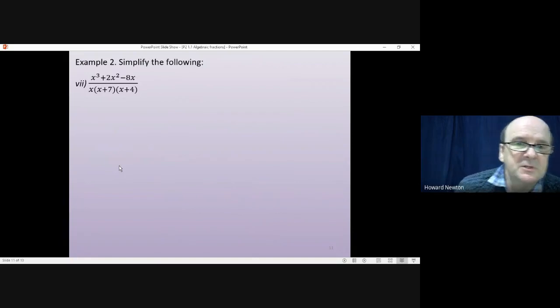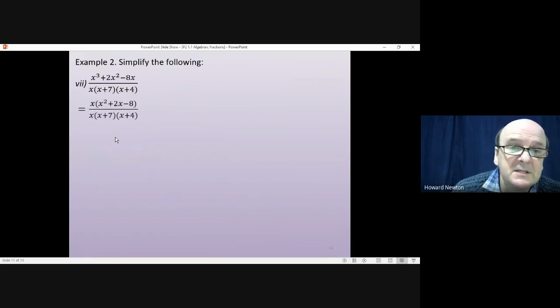And the last question, a little bit more fiddly this. We need to factorize the top, and it takes 2 stages. The first thing to notice is that x goes into all three terms. So we can take x outside the brackets, leaving x squared plus 2x minus 8 inside the brackets. And then in the brackets, we have a quadratic, which we can factorize in the normal way.